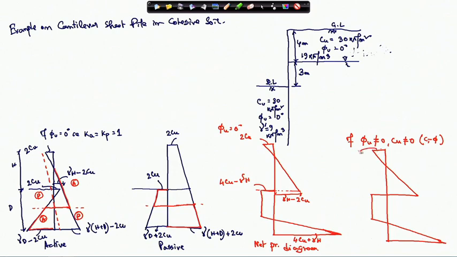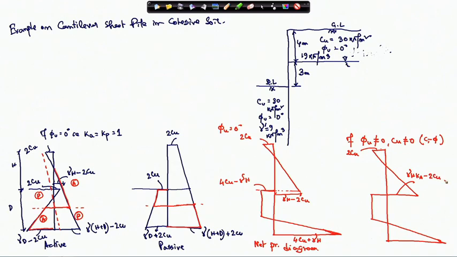So, this will again be 2 Cu, because your Ka value in terms of Q, and Q is 0 here, and instead of this it is gamma h minus 4 Cu. So, we have to write this as gamma h Ka minus 2 Cu.